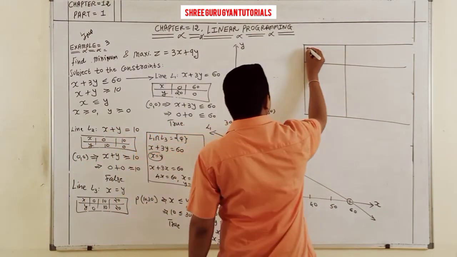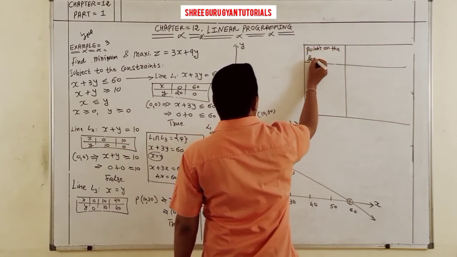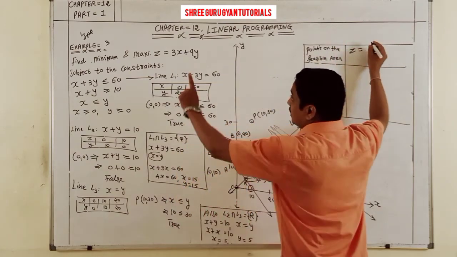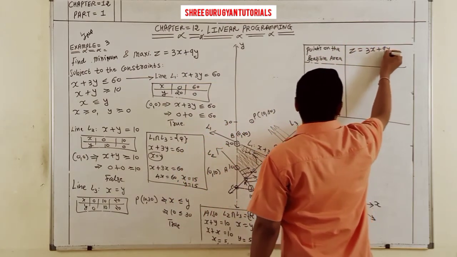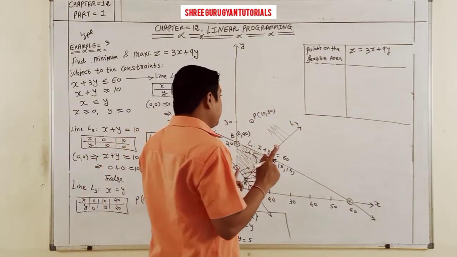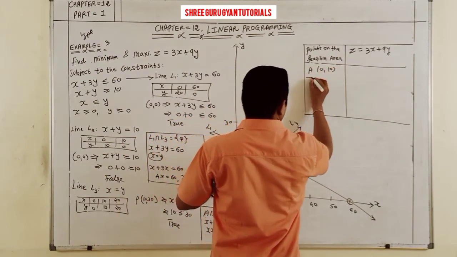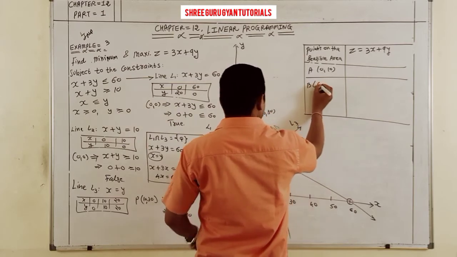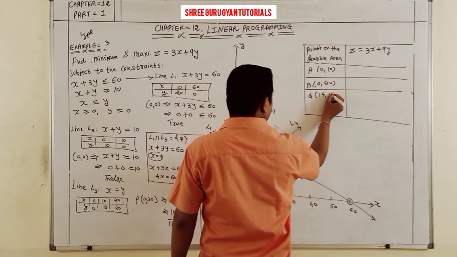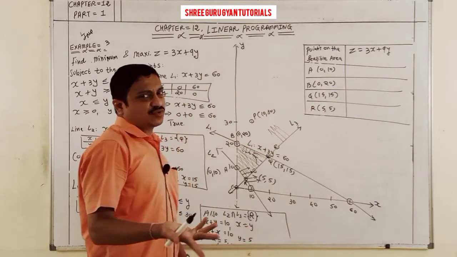Here the points are on the feasible area, or feasible region, and z becomes 3x plus 9y, but both maximum and minimum are asked. So you apply the points systematically. First I go to point A, (0, 10), B (0, 20), now Q (15, 15), and last R (5, 5), and attach the values.